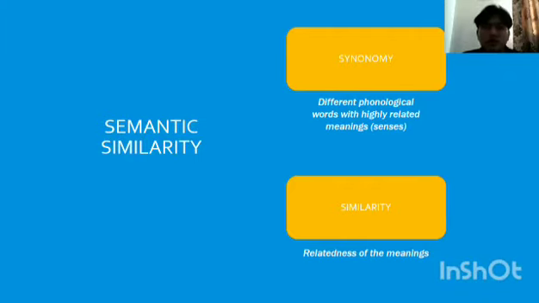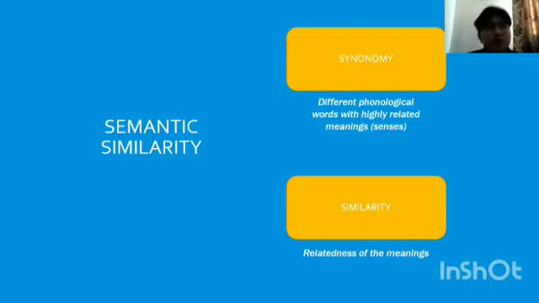Synonymy can be the same meaning, or nearly the same meaning, but it is difficult to find exactly the same meanings.